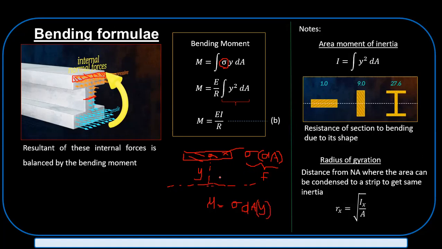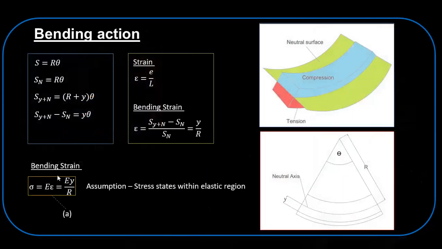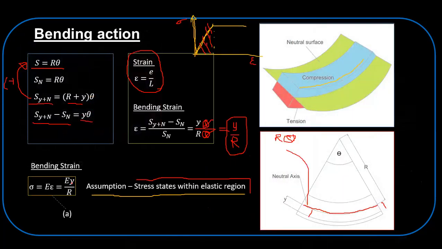So that means force into lever arm, right? So to calculate the total bending moment, because sigma varies along the depth, you have to calculate that. From the last slide, you obtained sigma as a function of y.